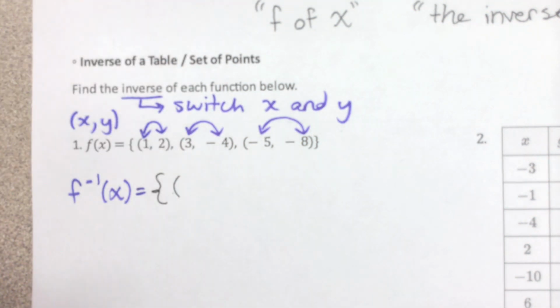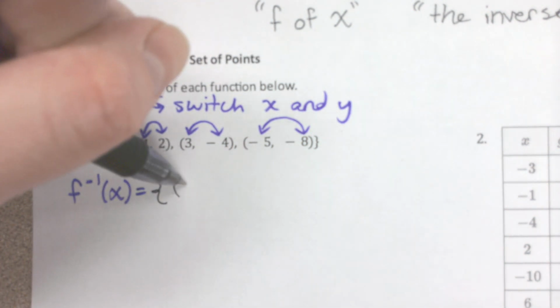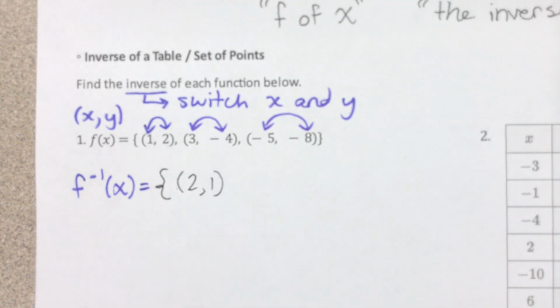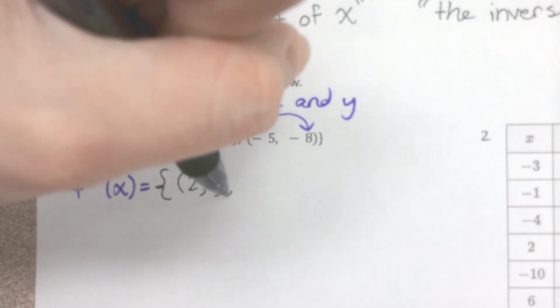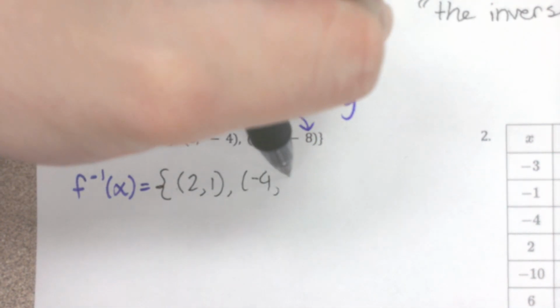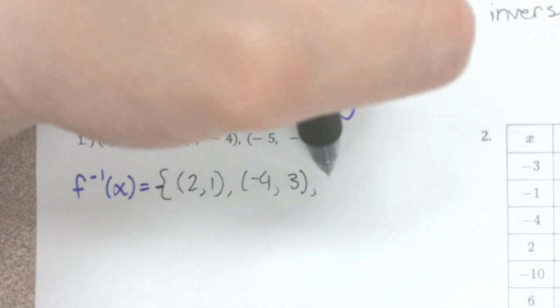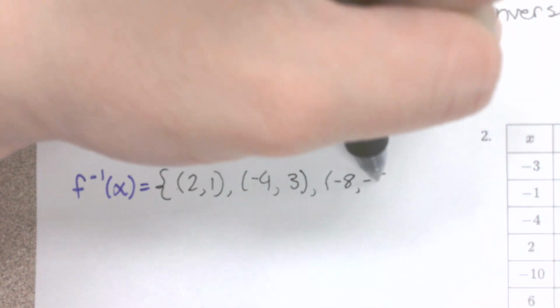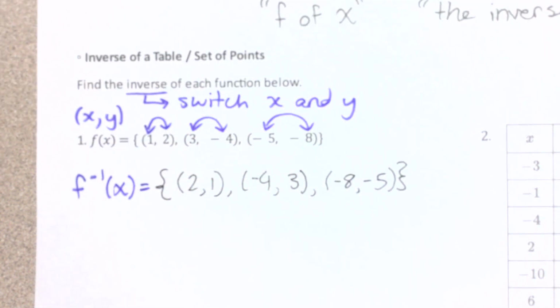And our first point here is going to be 2, 1. The second point is -4, 3. The third point is -8, -5. That's all you have to do. That's the answer.